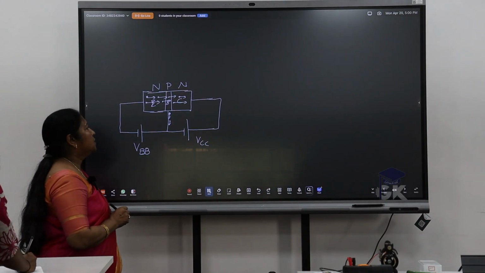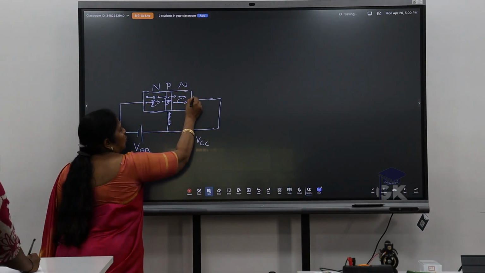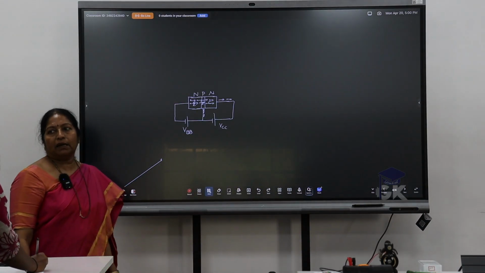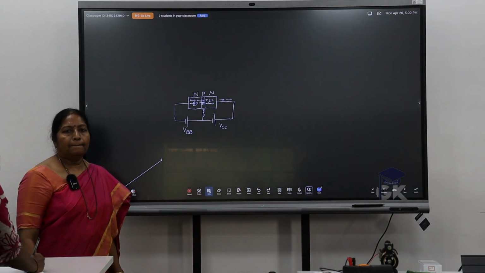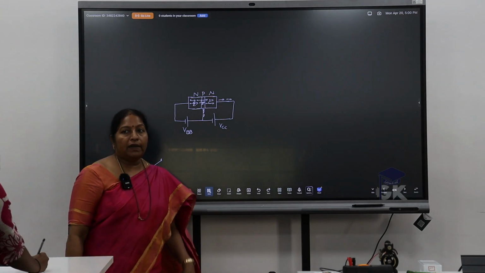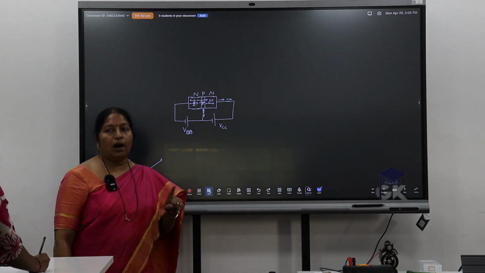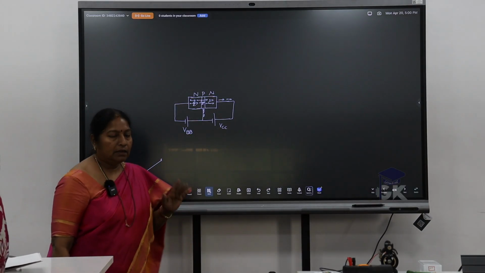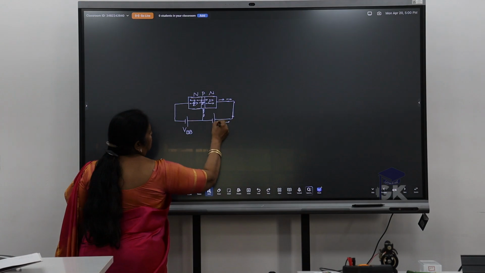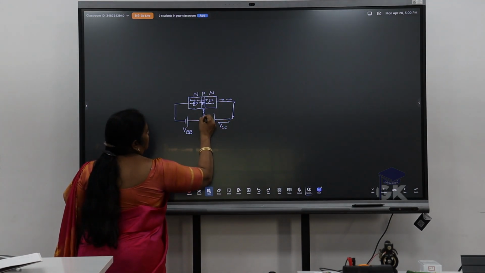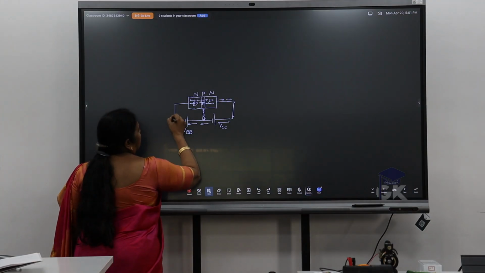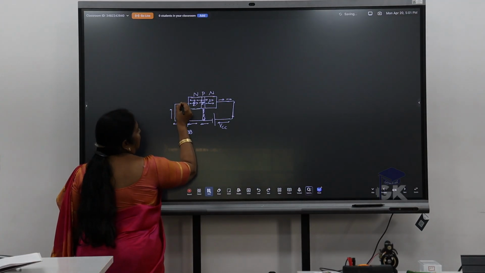So look into this. If this is the direction of flow of electrons, what will be the direction of current? The conventional direction of current is always opposite to the flow of electrons. So these electrons will flow in this pattern. What should be the direction of current now?